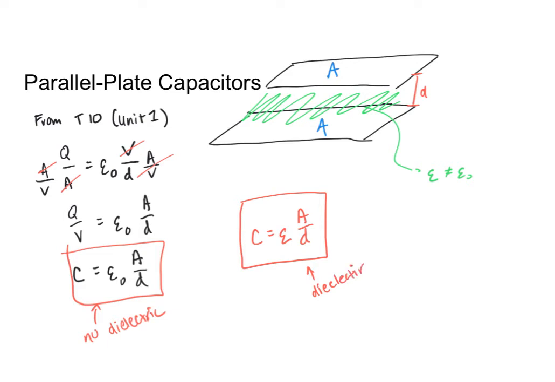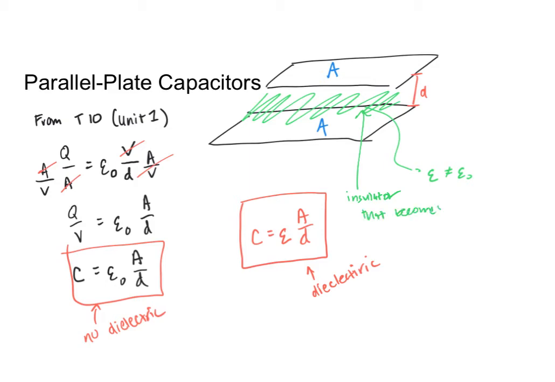And I know we have not talked about dielectrics before, so let's really briefly talk about what a dielectric actually is. A dielectric, which again is my green thing here, is something that I can put between the plates in a capacitor, and it's an insulator that becomes polarized when it's in an electric field.